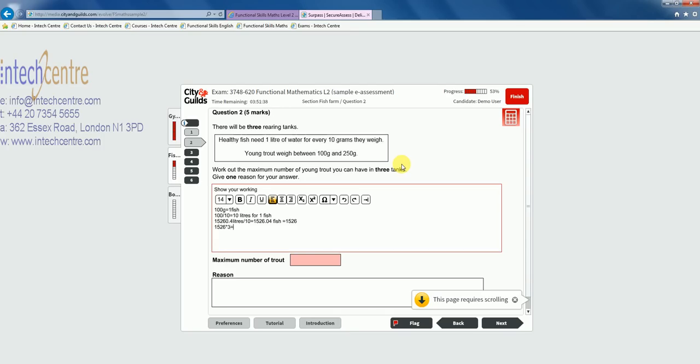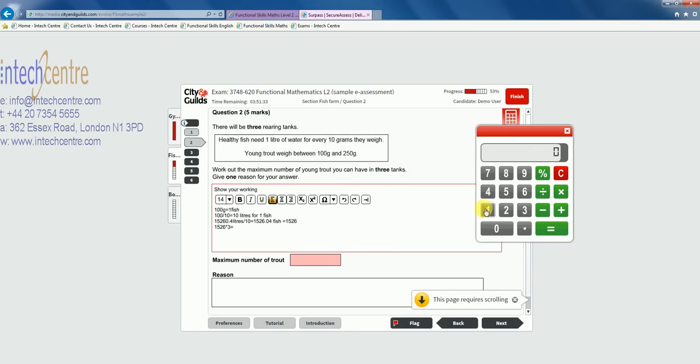So that's 1526 times 3 gives me 4578. So the maximum number of trout I can have in the 3 tanks is 4578.